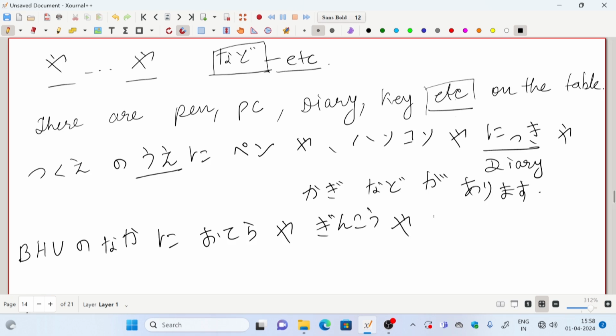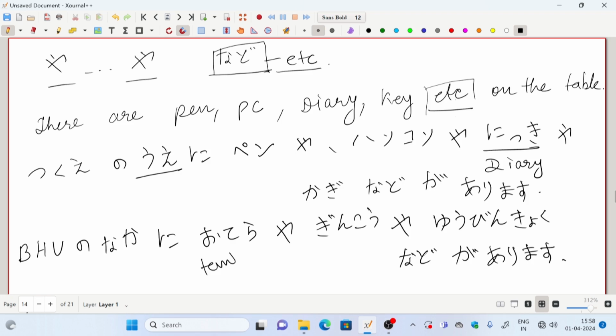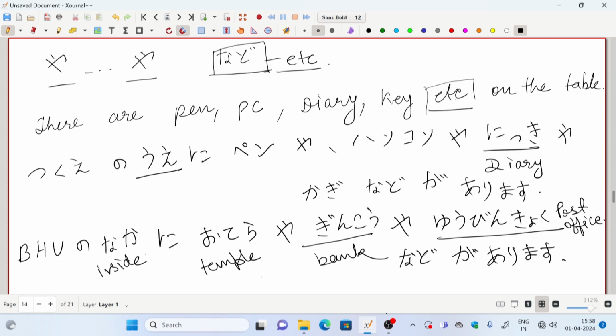Then there is a post office, that is called yubinkyoku nado ga arimasu. So otera temple, ginko bank, and yubinkyoku, which means post office. Inside BHU there is a temple, bank and post office, etc.